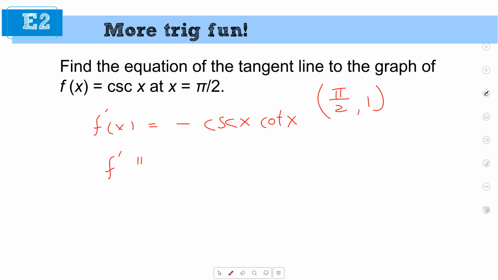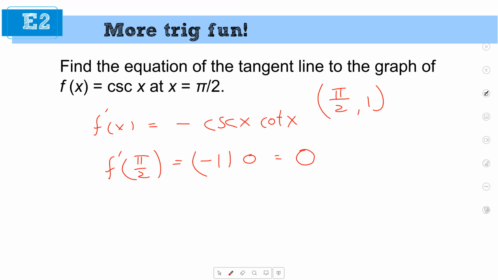So then we need f prime of pi over 2. Negative 1 times the cotangent of pi over 2. It's reciprocal of the tangent of pi over 2, which is 0? Do that right? That would be x over y. So the x would be 0. Yeah, 0. Which equals, slope is 0.